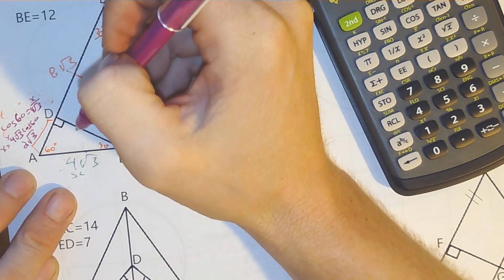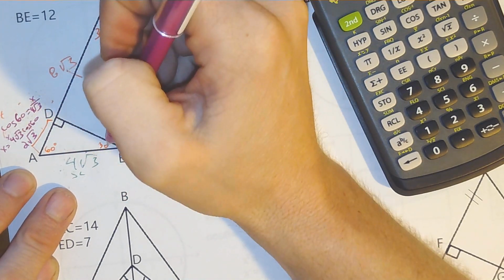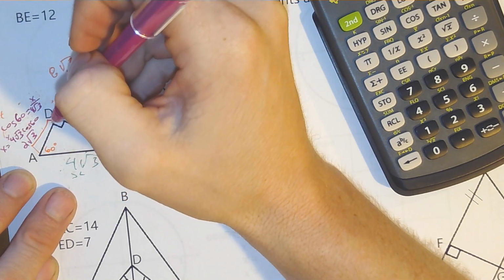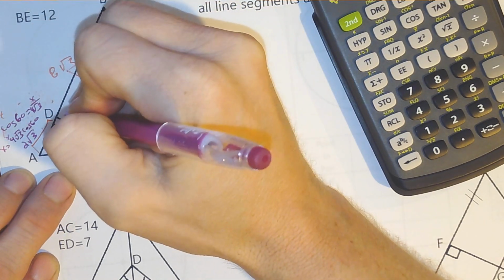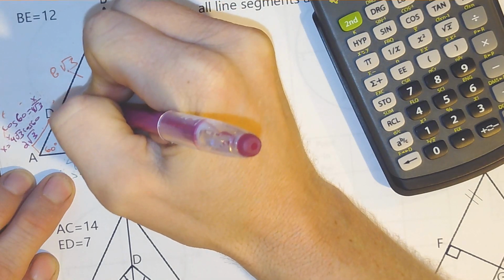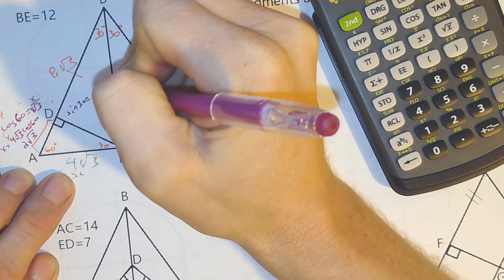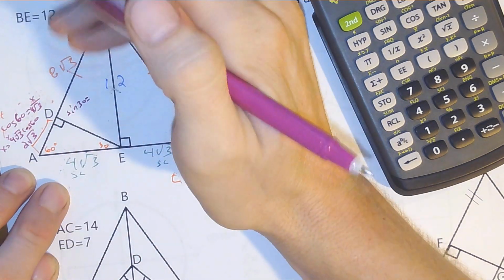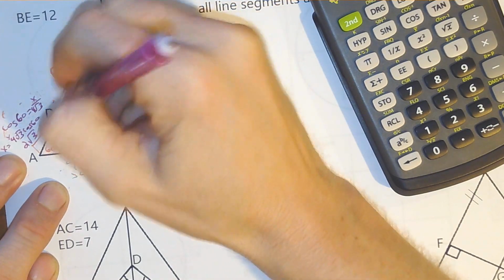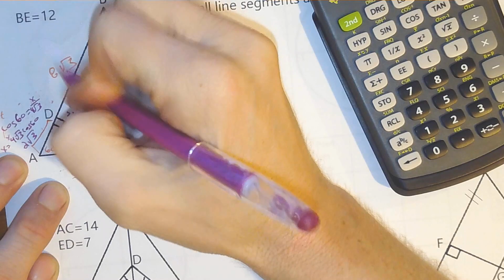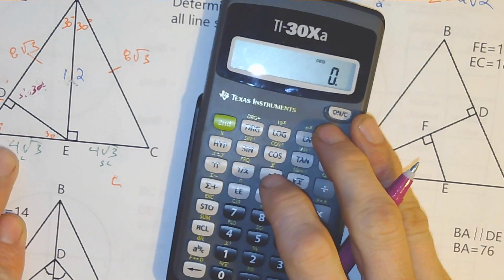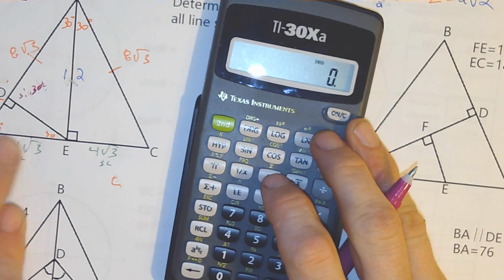All right, so then if I want to figure out this length here, this is going to be opposite over hypotenuse, so this would be the sine of 30 equals, actually I just need to do, oh, that's the cosine.